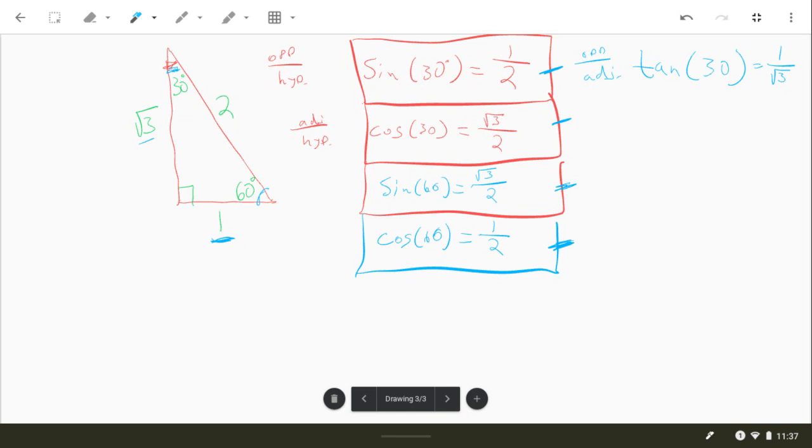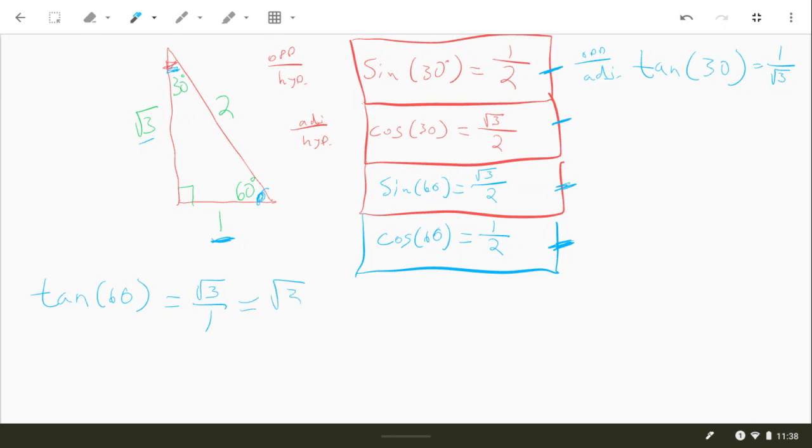If we were to look at tangent of 60, let me write that one down over here. Tan of 60, from this angle, opposite over adjacent, is square root of 3 over 1. So tangent of 60 degrees is always going to be the square root of 3.